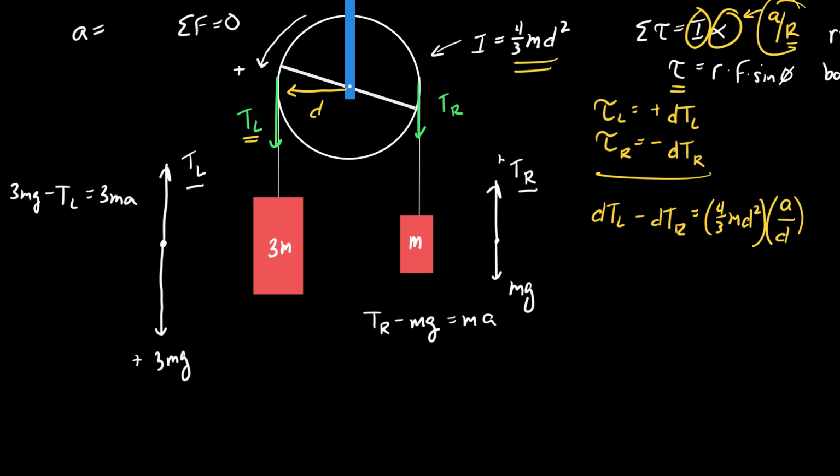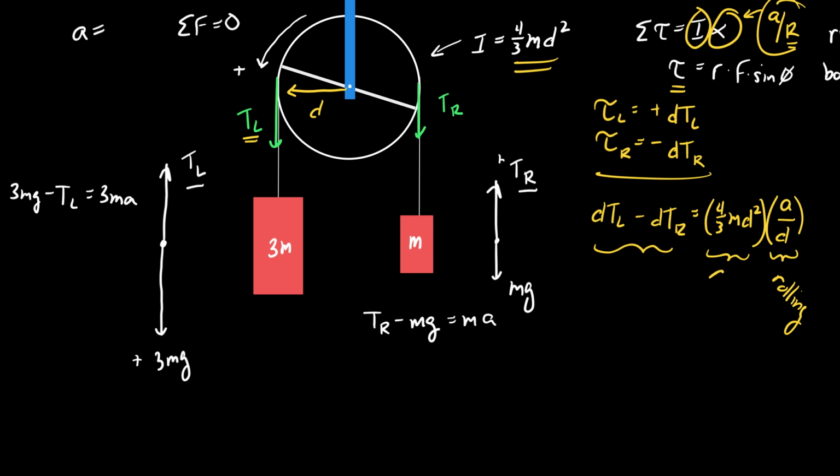So if you didn't get this, before I go any further, put something in your notes to help you the next time. So where did this come from? Where did this come from? And where did this come from? And I'll remind you, this is the condition for rolling that we're basing this on. The string rolls around the outside of that pulley.